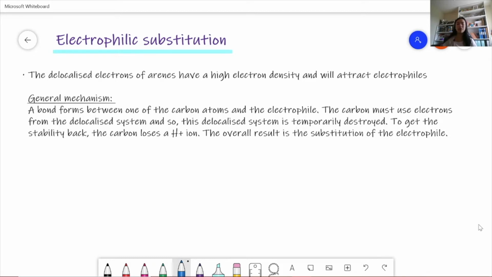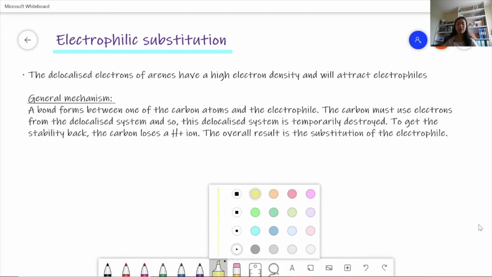So the general mechanism that we have is that a bond forms between one of the carbon atoms of this arene and the electrophile. And the carbon must use electrons from the delocalized system of the arene, and so this delocalized system is temporarily destroyed.